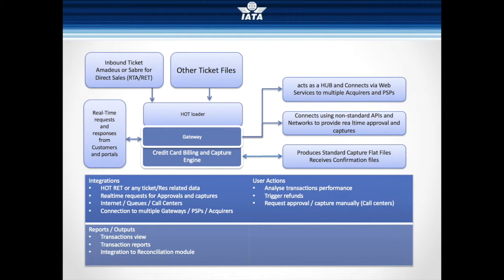From a support vision of TIESS, we also produce and drive capture flat files for offline operations also, again, as support items. Additional integration set up over here. User actions and reports outputs available from the gateway and the offline captures engine.